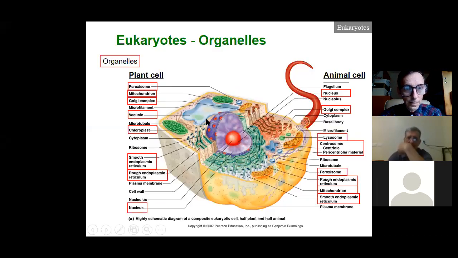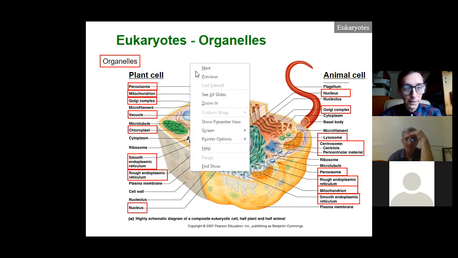Yeah, it's right there. In the plant cell, the central vacuole is the largest organelle in the plant cell. Animal cells do not have a central vacuole. The function of the central vacuole is to store things, and it can be nutrients and waste products.